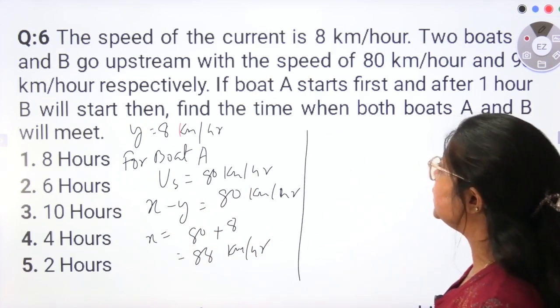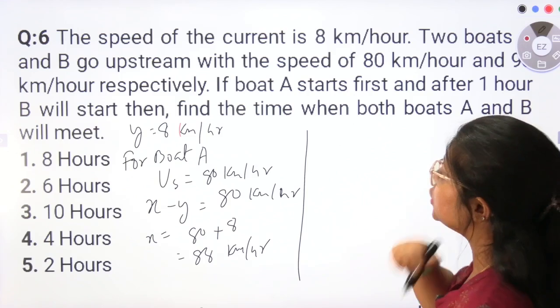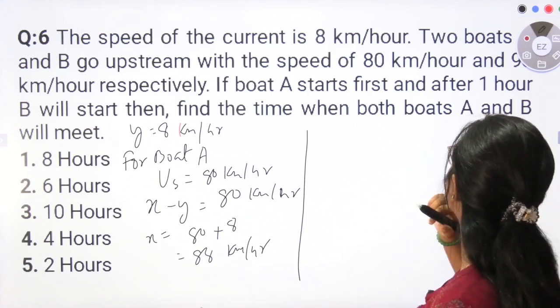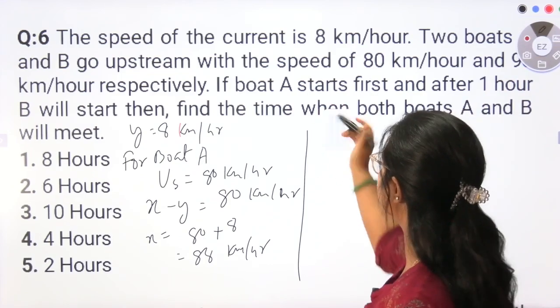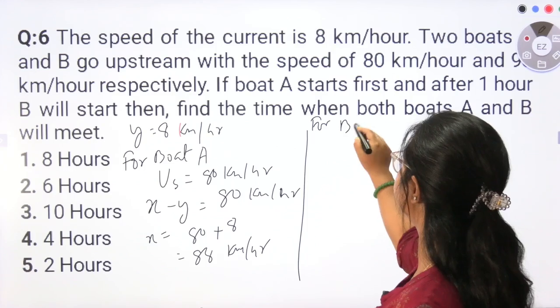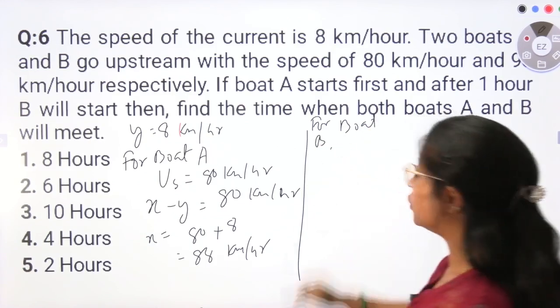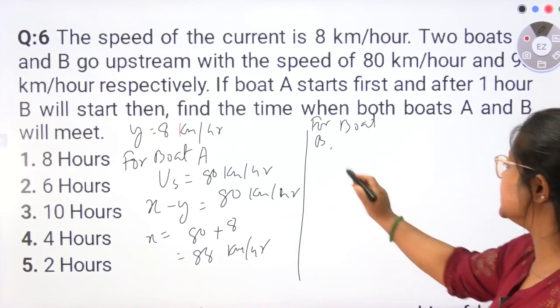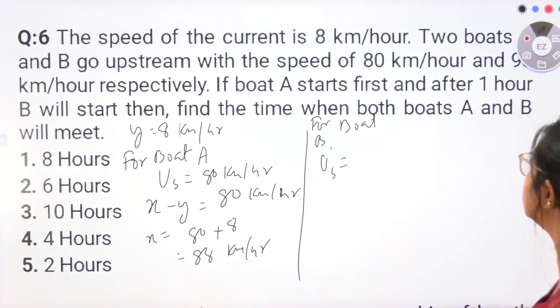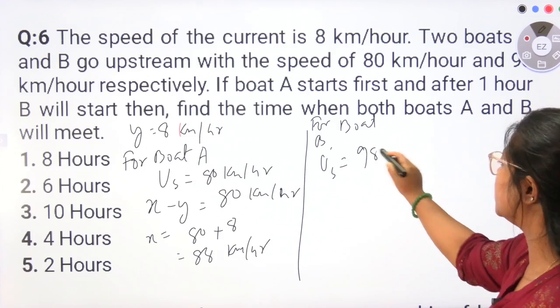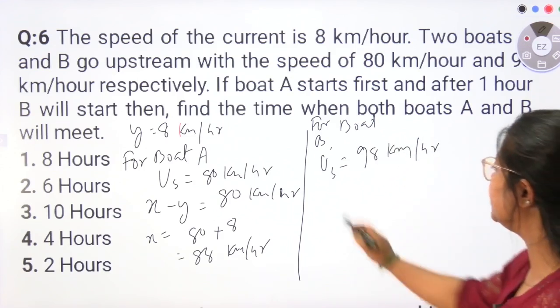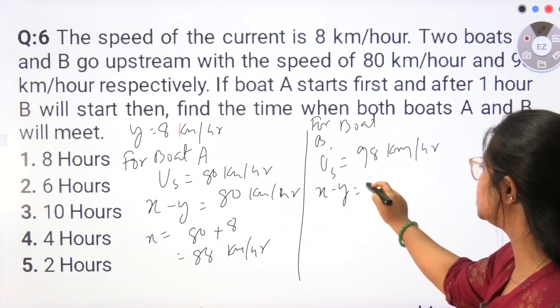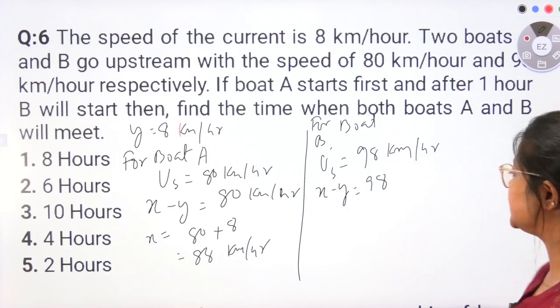Now if I find the speed of boat B, you are given the upstream speed for boat B, which is 98 km per hour. So here also x minus y would be 98.